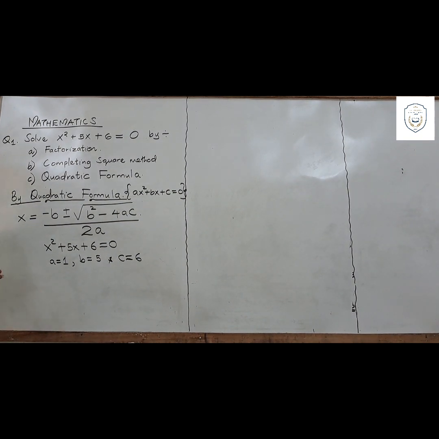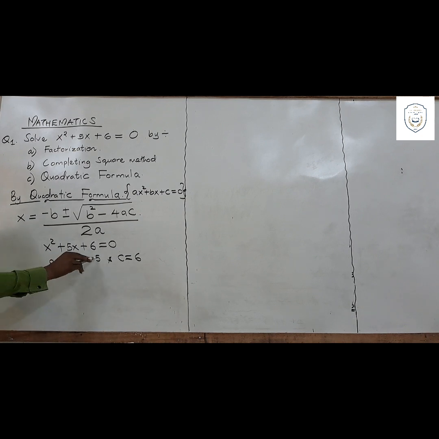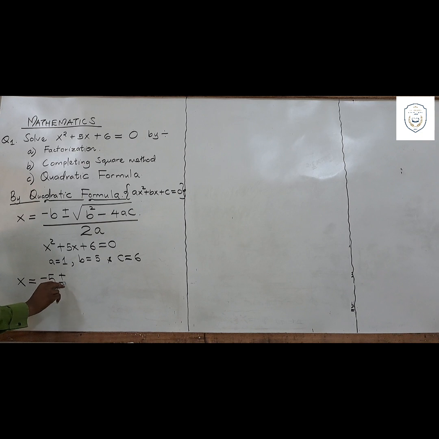And the solving means we are substituting. So we would say that our x is equivalent to, our b is 5, but we're saying negative b, so negative 5, plus or minus the square root of b squared.